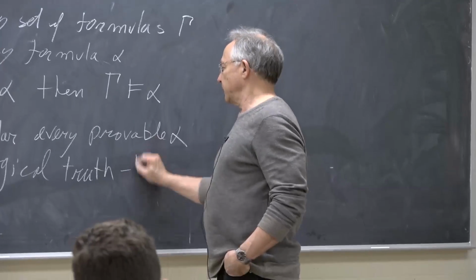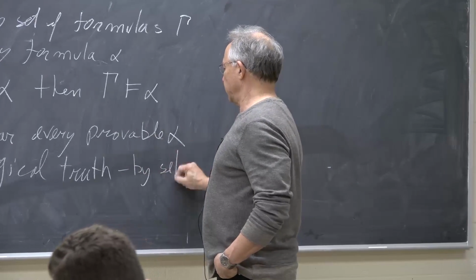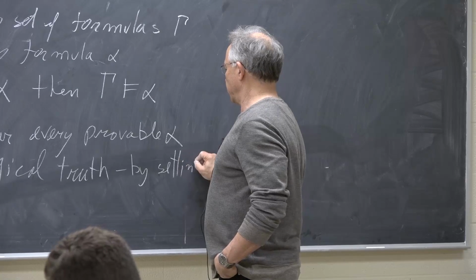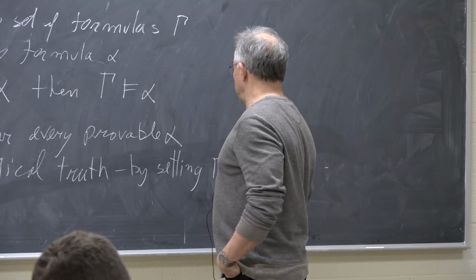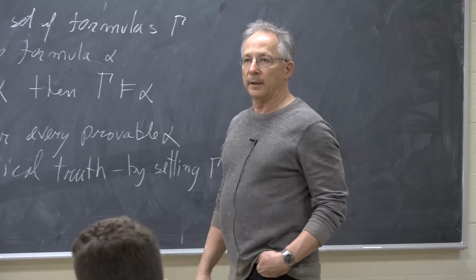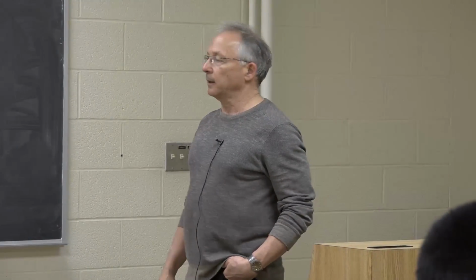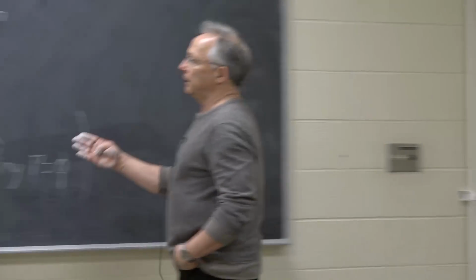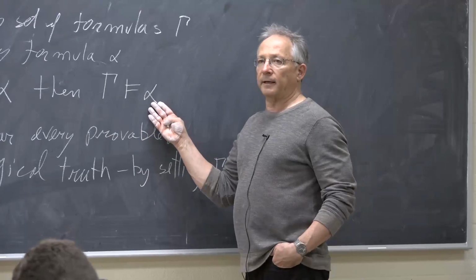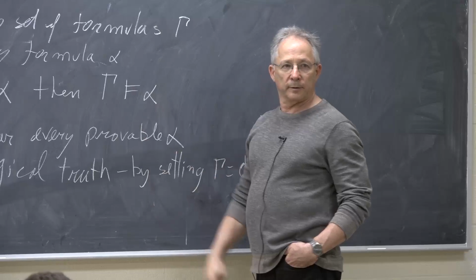We get this by setting gamma to be the empty set. If alpha is provable from an empty set of assumptions, and being logically implied by the empty set means it is always true.